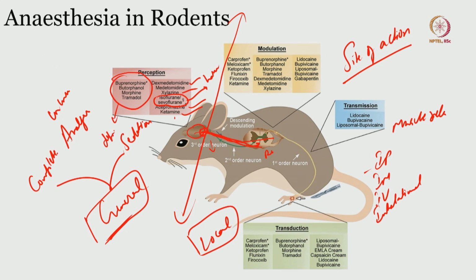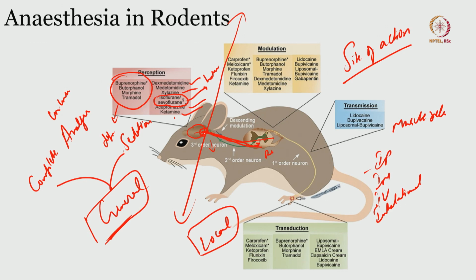These are not really that strong, these are depressants. So instead, we use morphine, tramadol, and buprenorphine, which cause central analgesia. Alright. So this is the general breakup for general anesthesia.